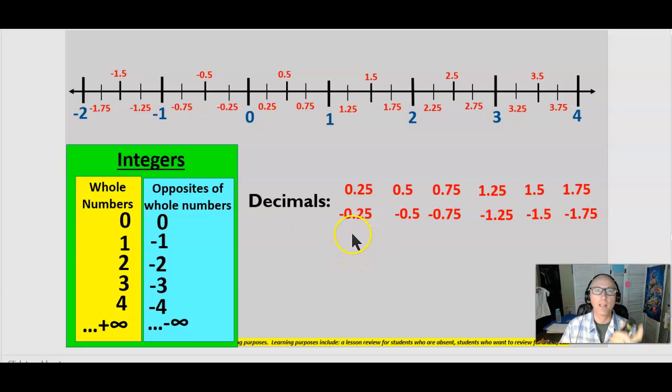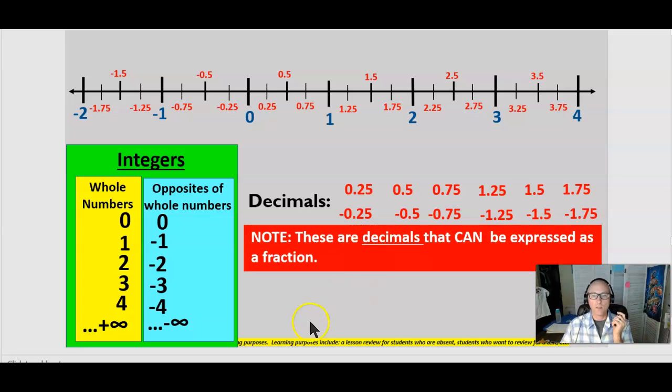But here's the catch. In order to be rational numbers and considered in these categories, these are decimals that can be expressed as a fraction. 0.25 as a fraction is the same as 1/4.